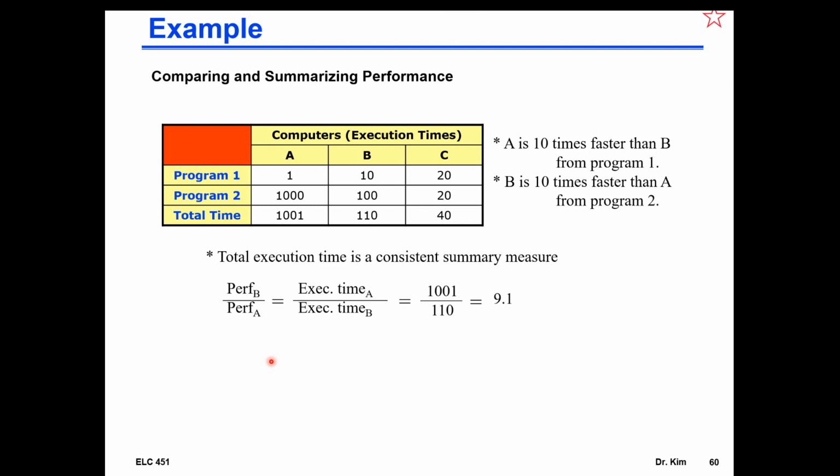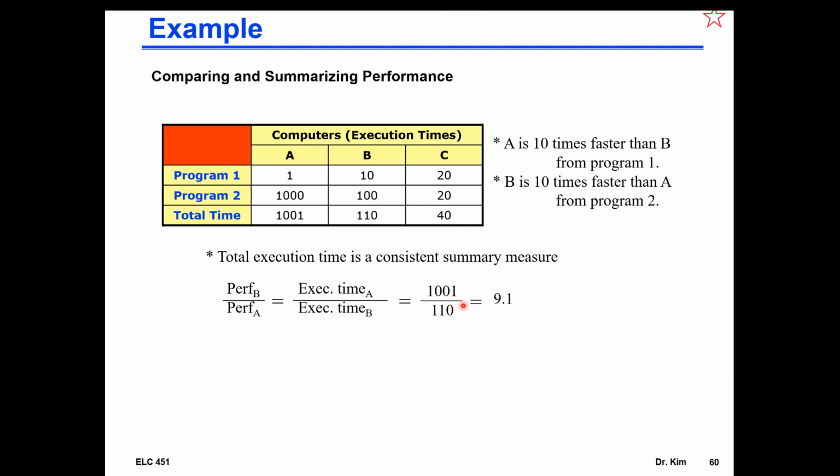And usually they are expressed as proportions. So remember that performance is 1 over execution time. So they are expressed as ratios or proportions.